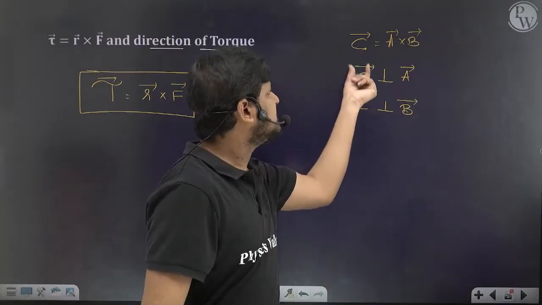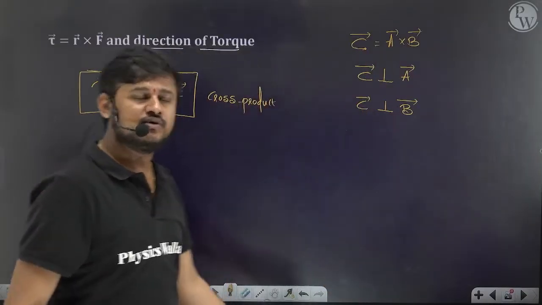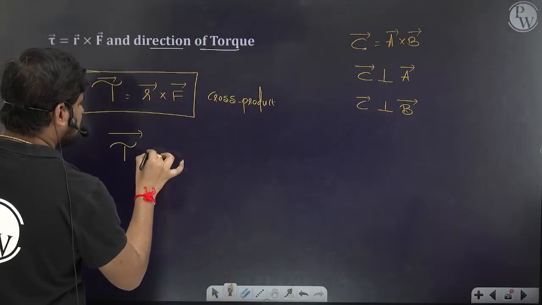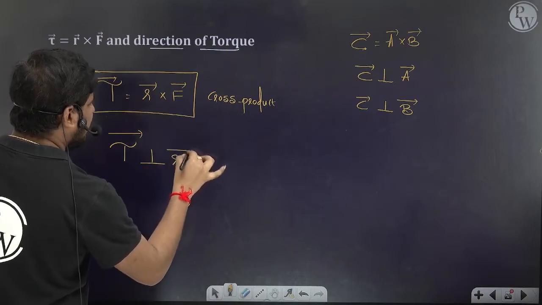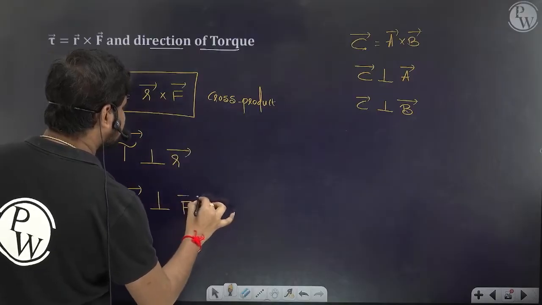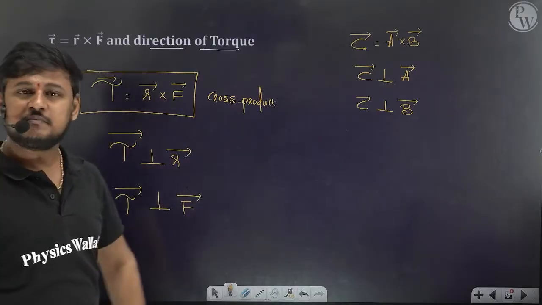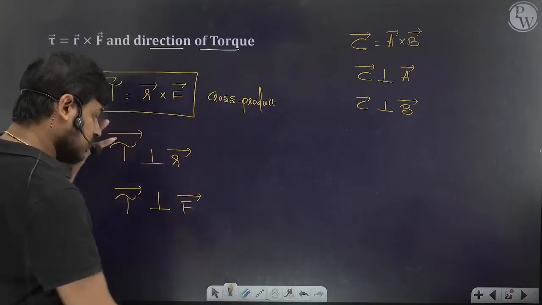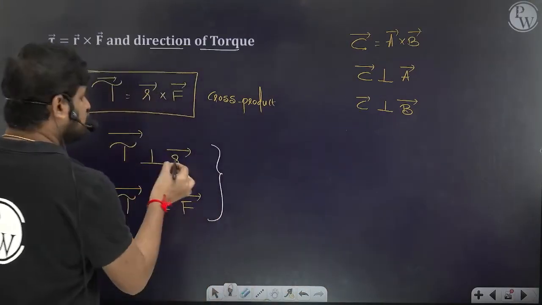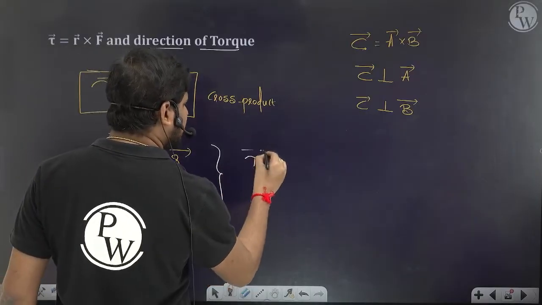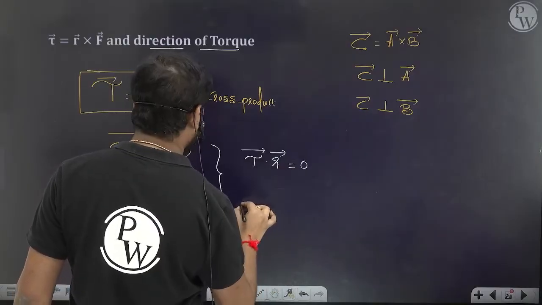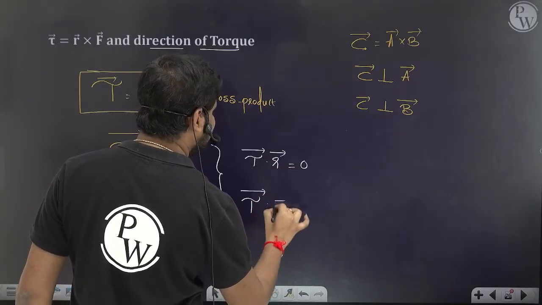In the similar manner, here also the torque will be perpendicular to R and perpendicular to F as well. Okay. Now, if two vectors are perpendicular, their dot product will be 0. So torque dot R will be 0 and torque dot F will be 0.